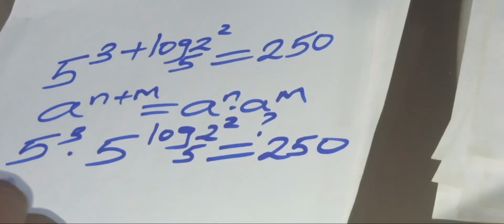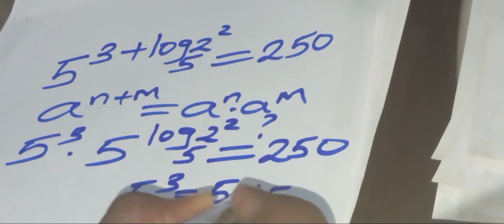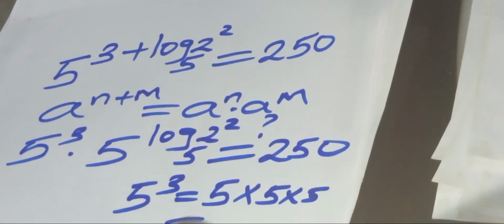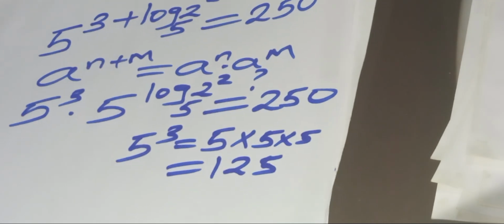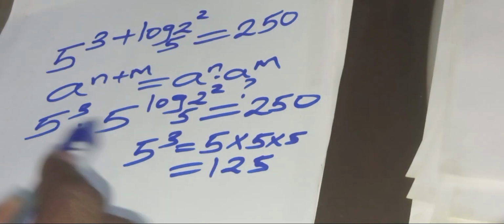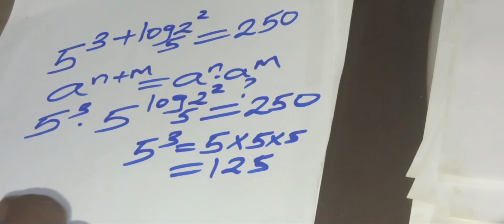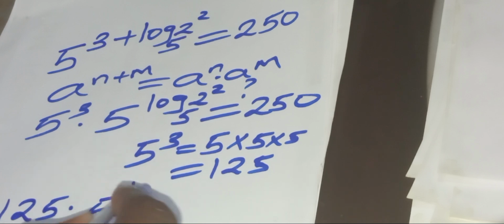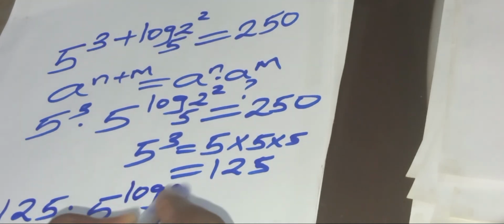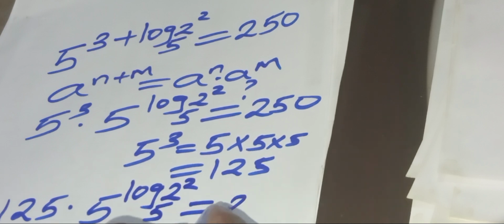So 5 to the power 3 is the same thing as 5 times 5 times 5, which is equal to 125. So we'll have 125 multiplied by 5 to the power log 2 to the power 2 to base 5.